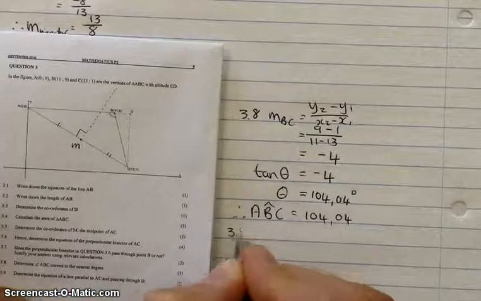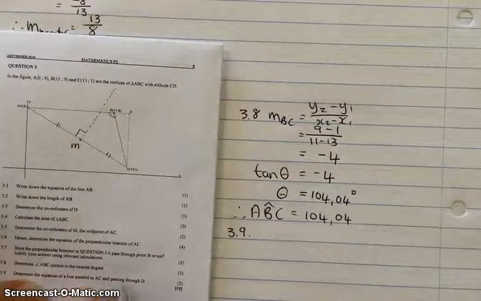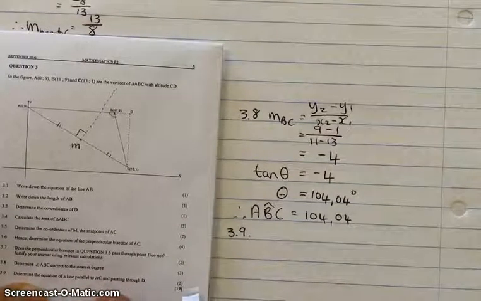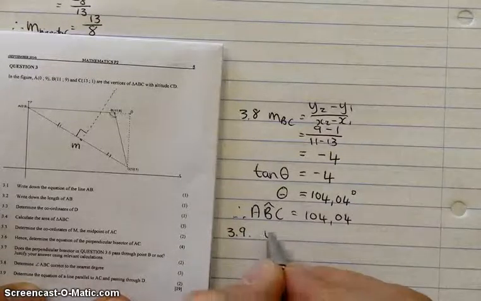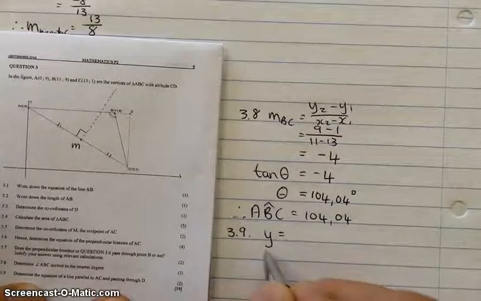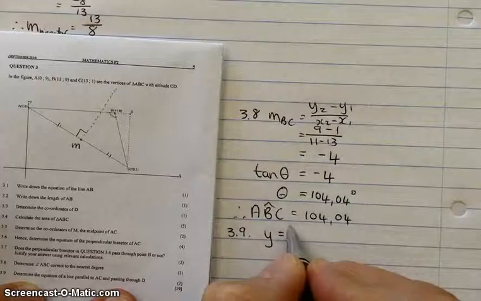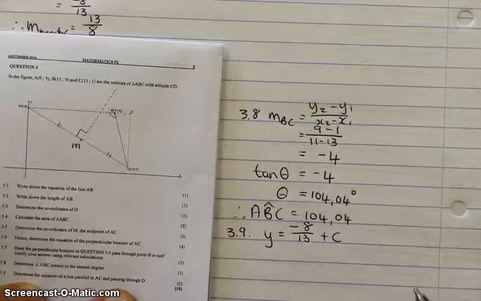Then 3.9, last question, determine the equation of a line parallel to AC and passing through D. So a line parallel to AC will have the same gradient. So therefore, it's y equal to, now the gradient of AC is minus 8 over 13 x plus c.